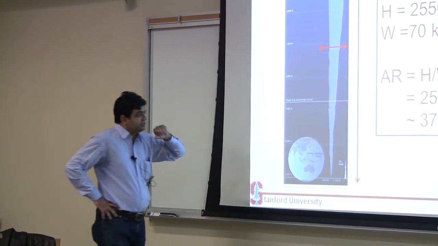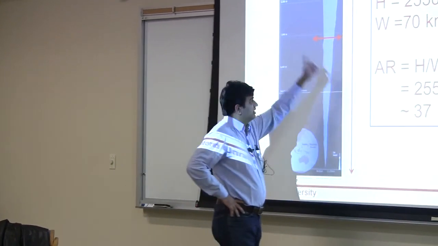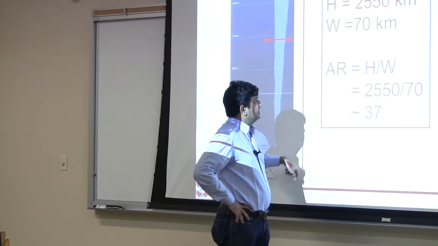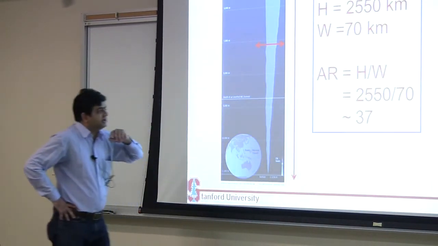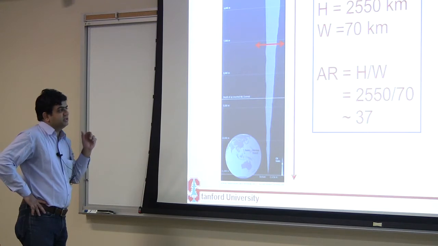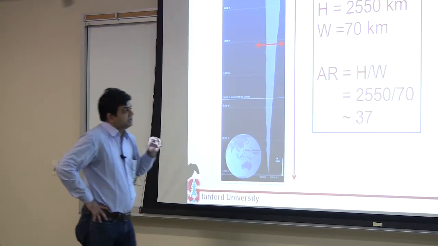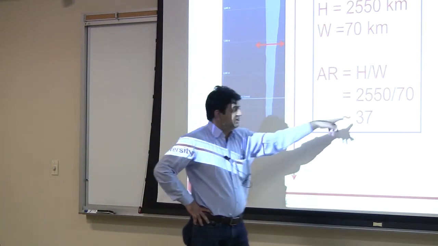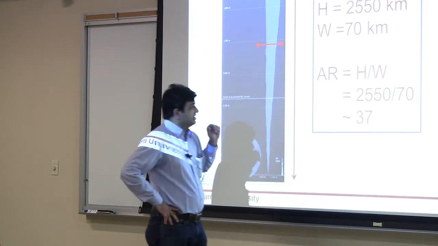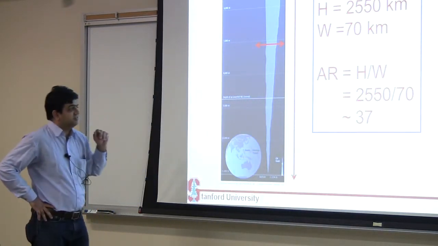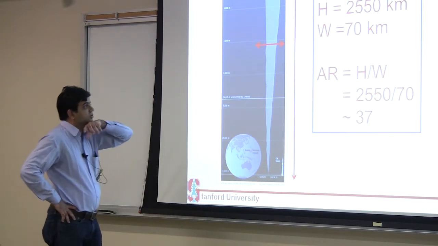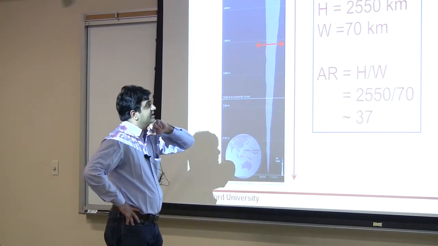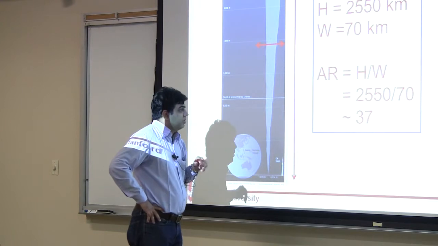So aspect ratio, which is essentially just my depth or my height divided by my width, for this Mariana Trench, which is the deepest trench on the planet, is this 2,550 divided by 70, or the aspect ratio of 37. And it's so deep that there have been only 2 manned expeditions to the bottom of the trench.